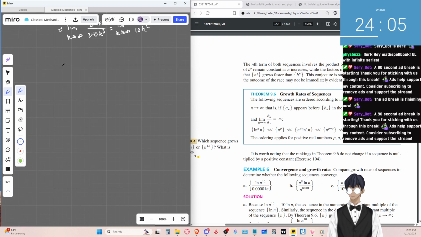So according to them, it's q, which is less than n^p, way less than n^p, which is less than n!, which is less than n^n.